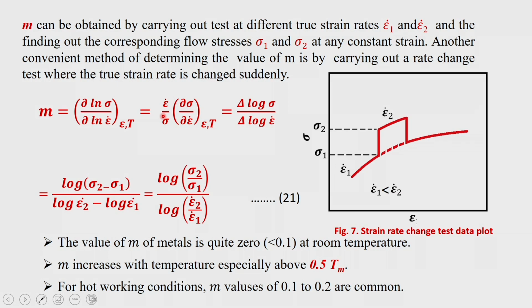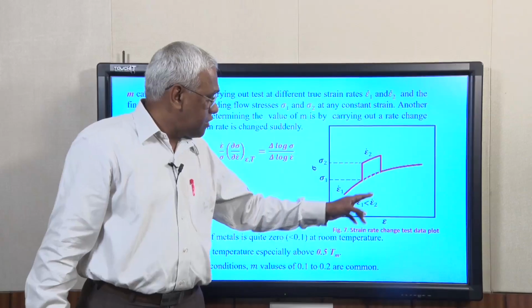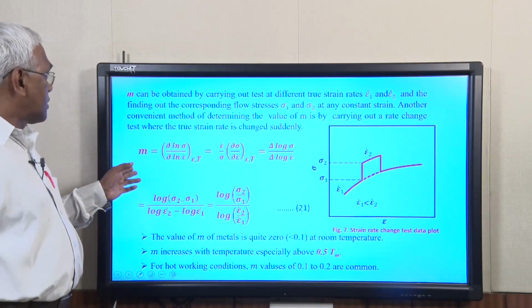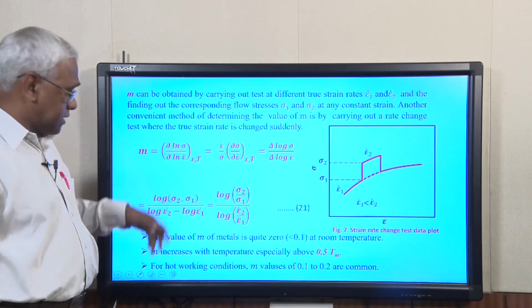You can get it in this differential form, epsilon dot by sigma into del sigma by del epsilon dot, and finally arrive that m is log of sigma 2 by sigma 1 divided by log of epsilon dot 2 by epsilon dot 1. Sigma 2, sigma 1, epsilon dot 1 and epsilon dot 2 are known, so for a particular strain you get it. You can find out the strain rate sensitivity of the material.